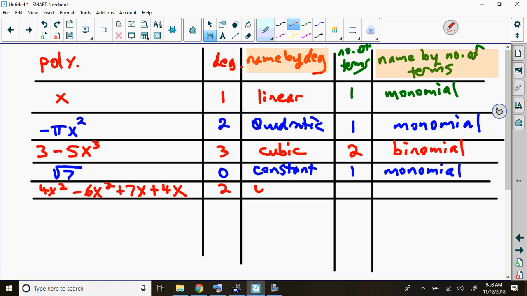Quadratic. Good. How many terms does this polynomial have? It looks like it has 4 terms, but it actually doesn't. It doesn't have 3. It's just got 2. So maybe we ought to spend a minute and talk about how polynomials should be written. The name, because it has 2 terms, is a binomial.